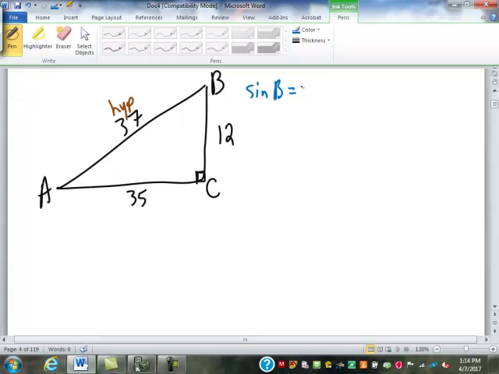Now I said angle B here, so let's look at angle B. I'm going to code this in blue for angle B. According to angle B, the 12 is which side? It's adjacent. It touches angle B. So that would be the adjacent side.